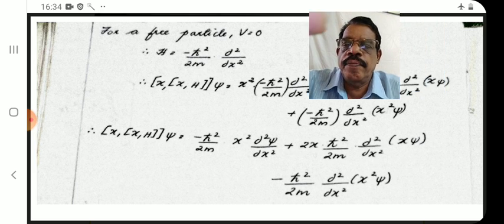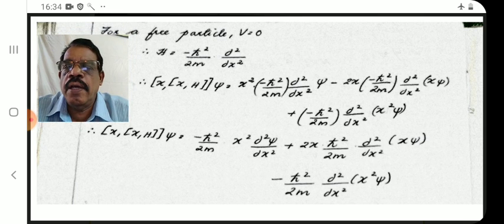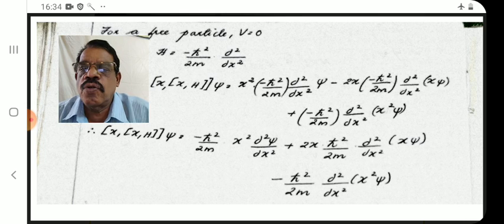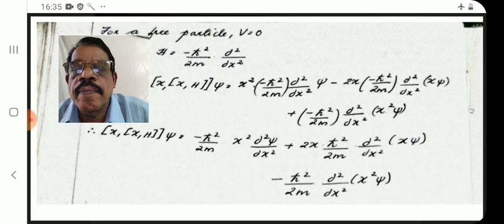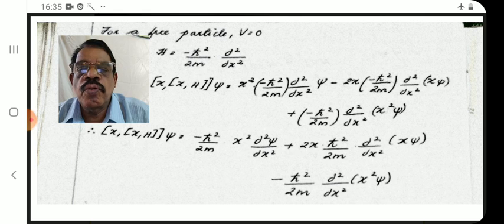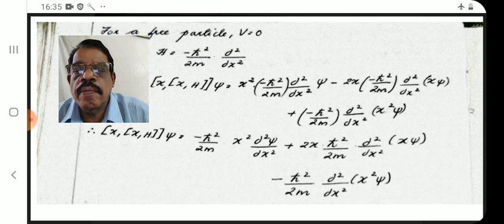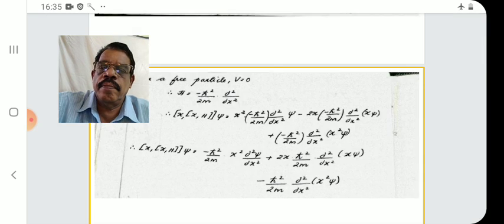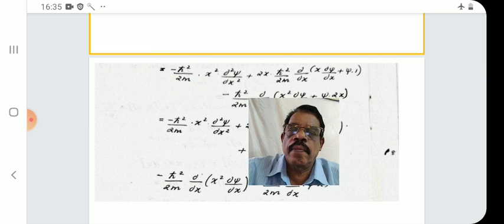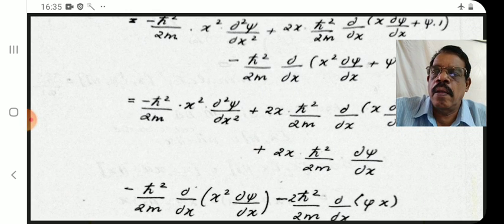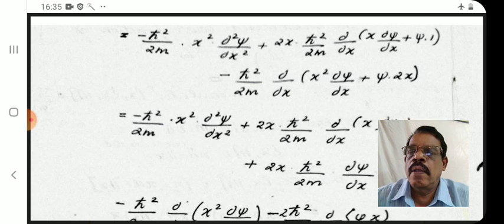RHS we rewrite. ħ² by 2m is a constant. We can write in front minus ħ² by 2m x² ∂²psi/∂x² plus, second term, minus into minus plus 2x ħ² by 2m ∂²/∂x² x psi, last term minus ħ² by 2m ∂²/∂x² x² psi.